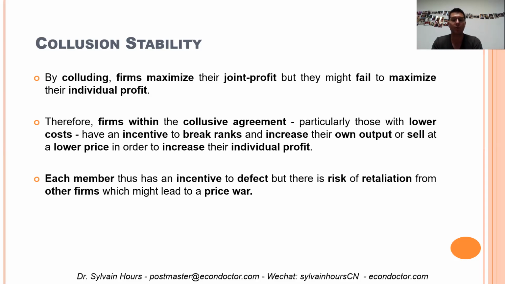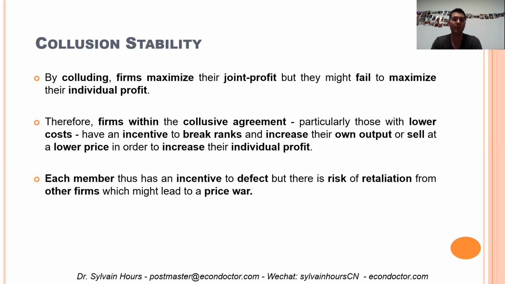So if I cheat tomorrow, then working together, cooperation will never be possible again. And I will lose very much from cheating. So when we looked at the game before, I said, if we only play the game once, it is not possible that firms will collude.